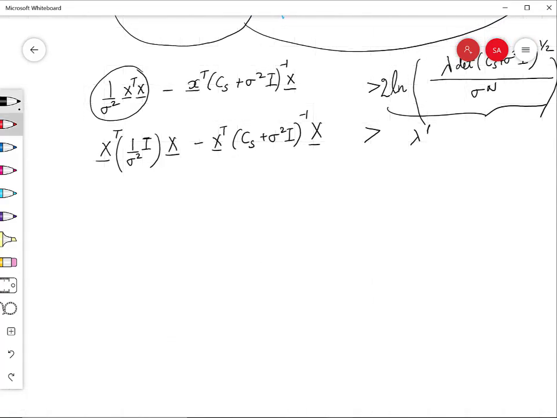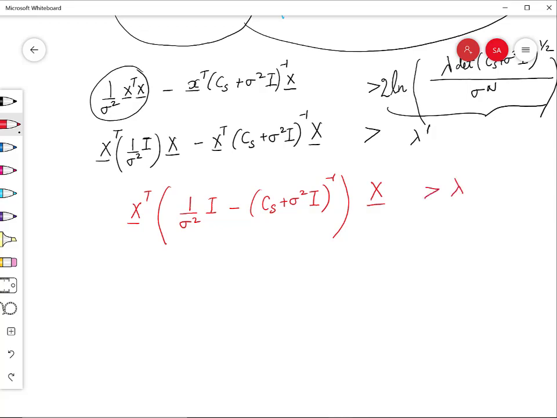So what finally I get is that x transpose of 1 over sigma square times I minus Cs plus sigma square times I inverse, x is greater than lambda prime.